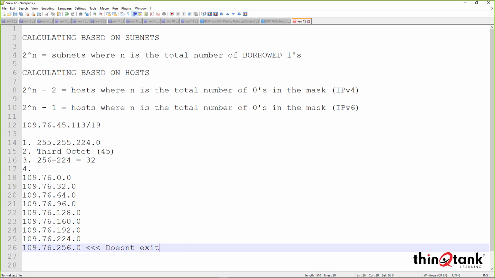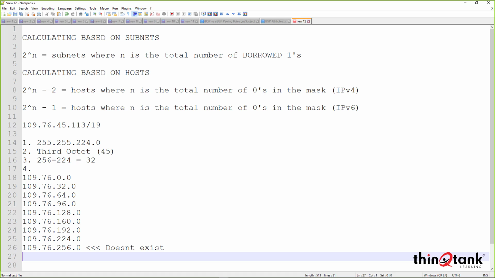So we've actually written down all of our networks, all right? Because 224 plus 32 is 256. You can't have a 256, so, all right?